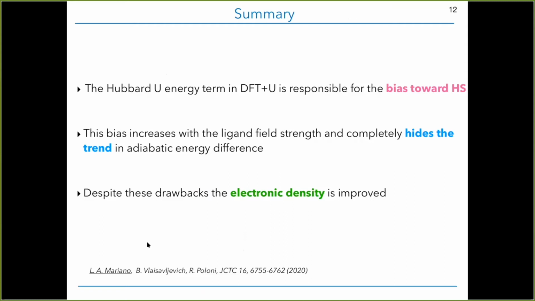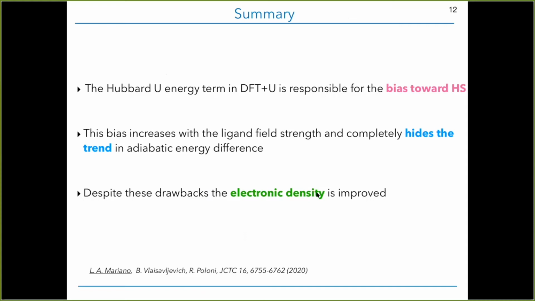So to summarize what we said so far, the Hubbard energy term in DFT plus U is responsible for the observed bias toward the spin. This bias, increasing with the ligand field strength, completely hides the evolution of the adiabatic energy difference across the series. But despite these drawbacks, the electronic density is systematically improved.